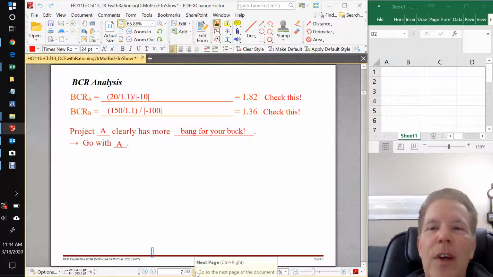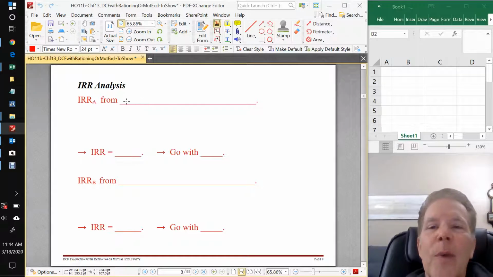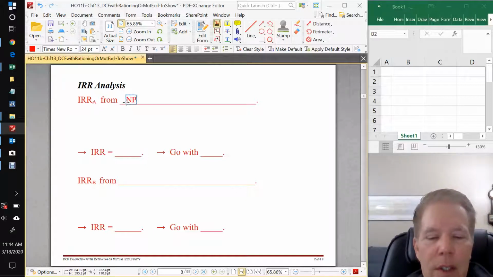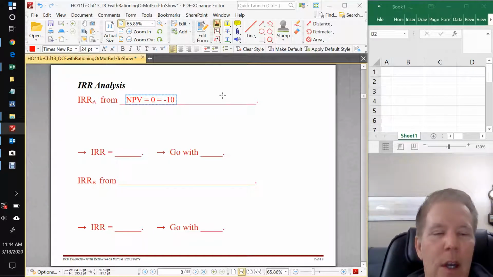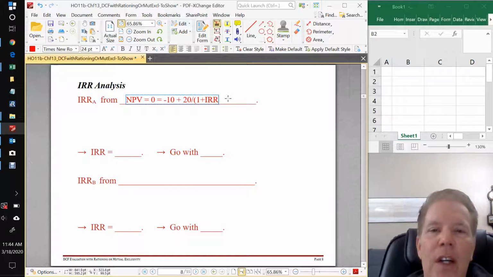So let's do the same type of analysis with IRR. So remember, the IRR is, we just want to write down our NPV equation, right, and set it to 0. So NPV equals 0, and that's equal to, for A, we have the minus 10 plus, we have our 20 over 1 plus IRR to the what?